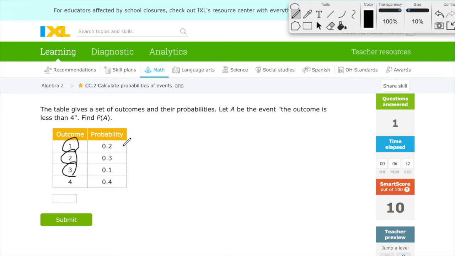So now these get added together. What we would do is 0.2 plus 0.3 plus 0.1. I would probably type that in the calculator, and I would get 0.6, and that's what goes in your answer box down here.